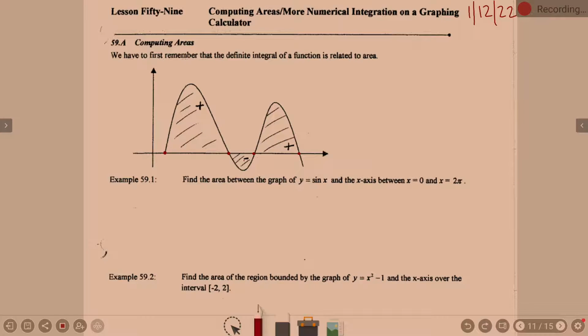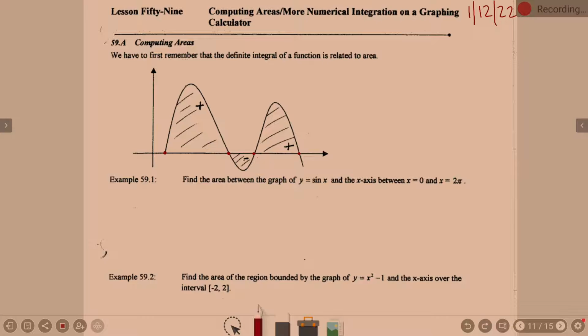Find the area between the graph of y equals sine x and the x-axis between 0 and 2 pi. The beginner calculus mistake here is to set up the integral of sine x from 0 to 2 pi and do it, and that's it.